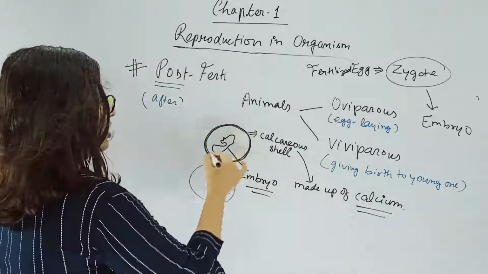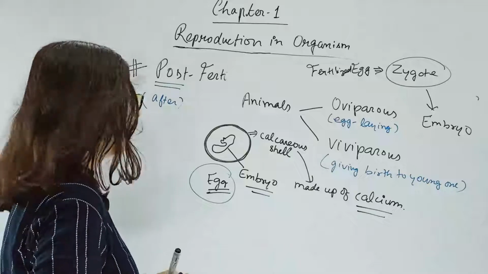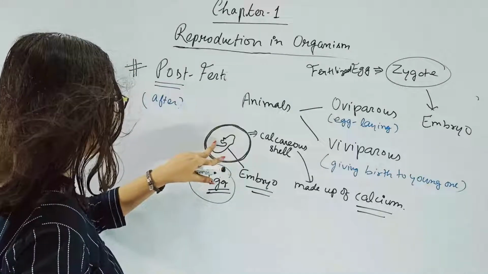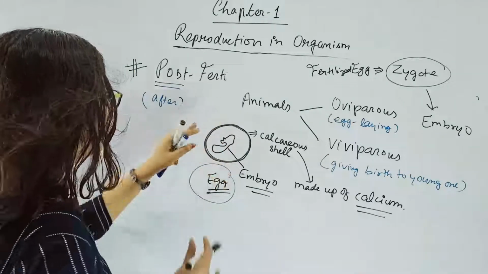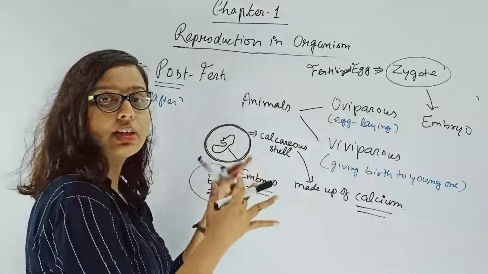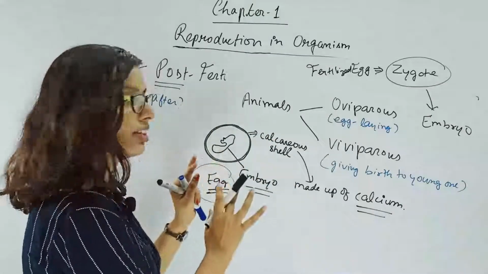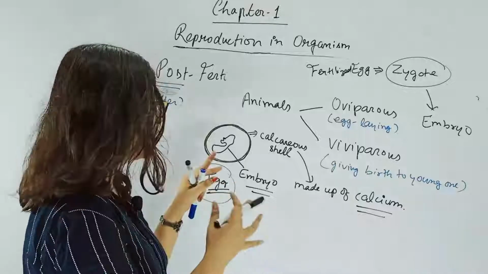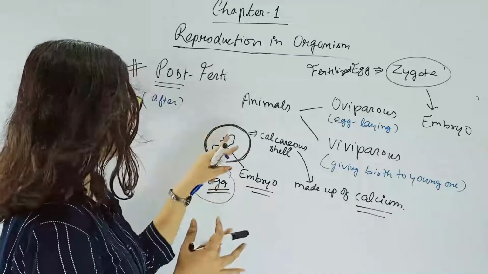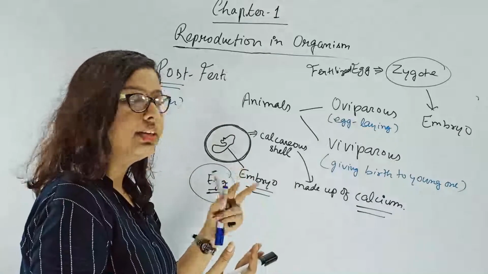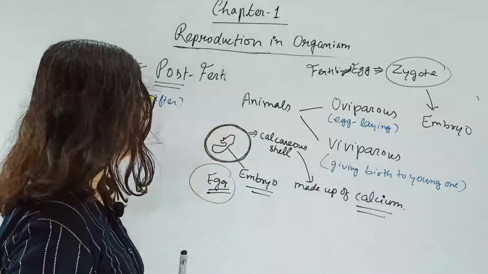This covering protects the embryo. Since the egg is outside the mother's body and the embryo is being formed there, protection is needed, and this protection from the outside environment is provided by the calcareous shell.